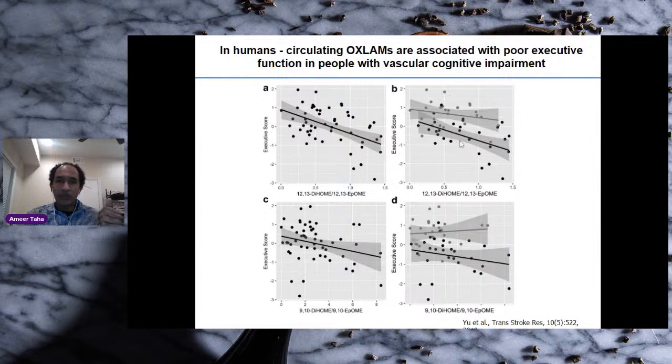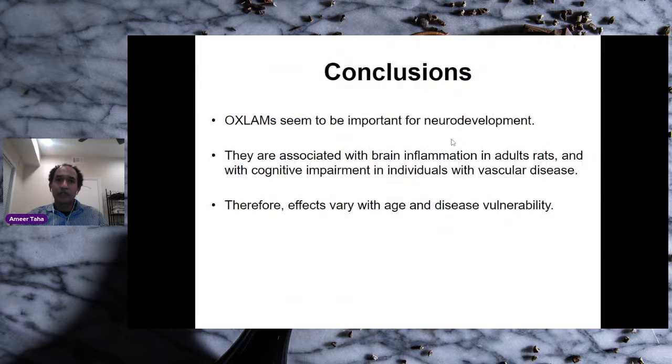This was work done in collaboration with Dr. Walter Swartzweiger from Sunnybrook Research Institute in Toronto. This tells us that too much oxalams, especially in at-risk individuals with vascular disease, may not be good for cognition. And we're following up on this in other studies.